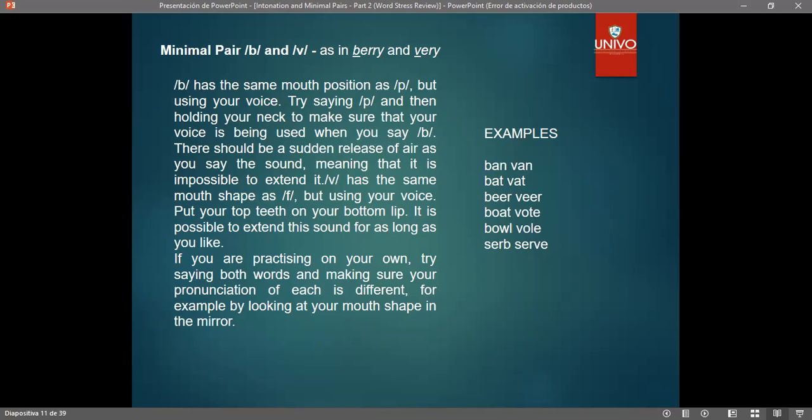And then you have the V, which has the same mouth shape as F. It's very similar because, as I said, you have to put your teeth on your upper lip. In this way, you can find the correct pronunciation of the word, right? Here you find some examples like ban and van, but and but, beer and beer, boat and boat. They are very similar in sound, right?